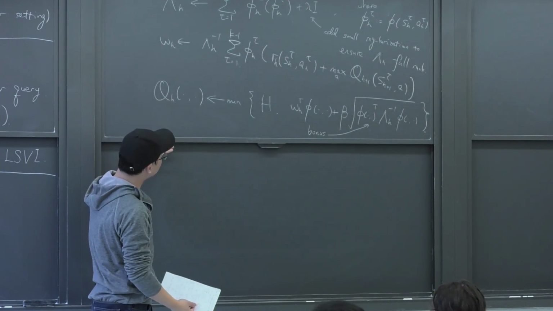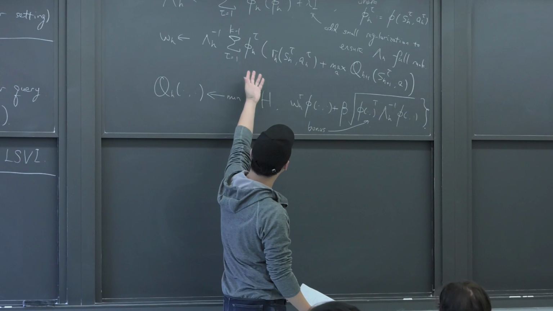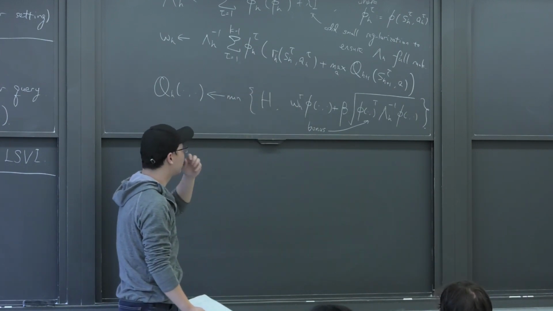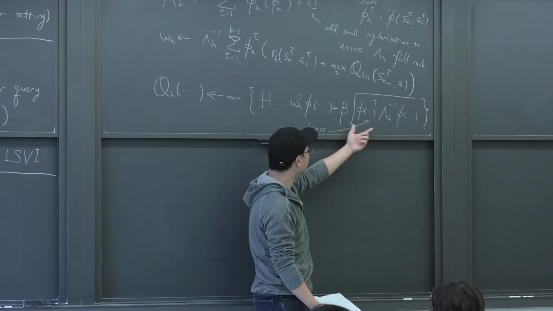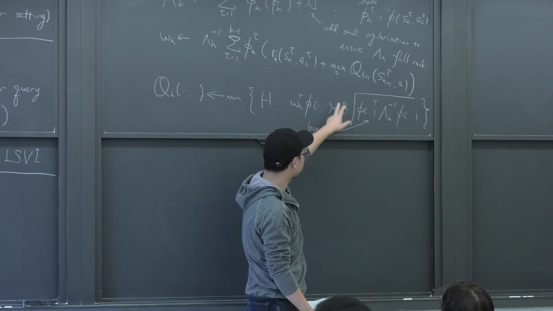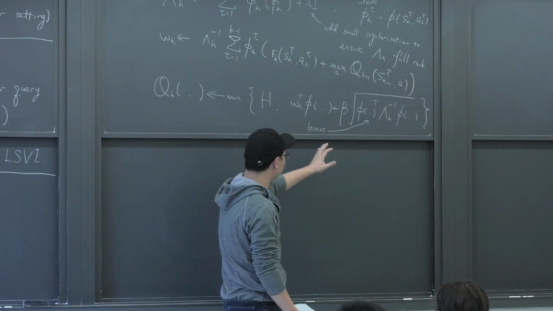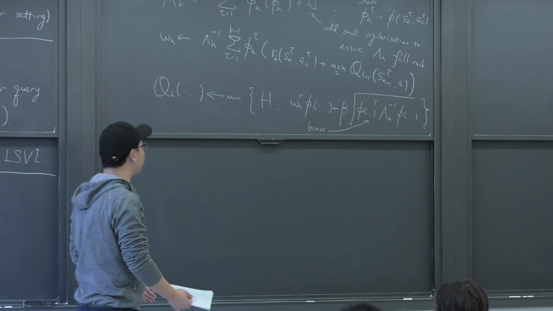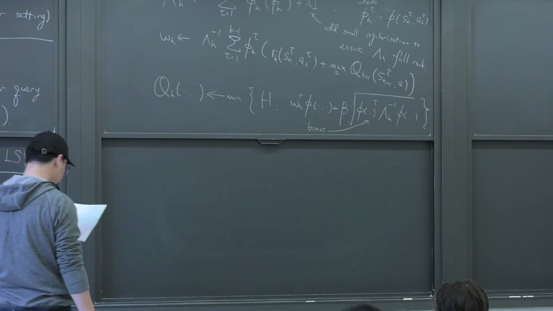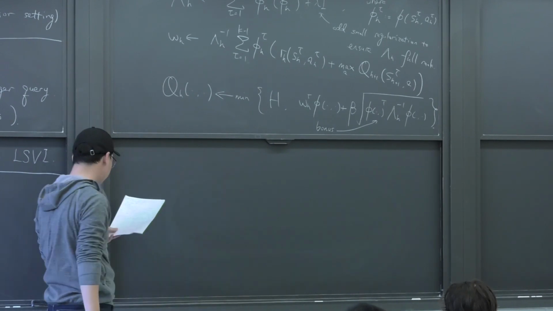So the new Q value is a linear function with a weight vector solved using the least square value iteration formula, plus a quadratic form as a bonus. This is a quadratic form on phi, and the only important thing is we have this Gram matrix lambda inverse. We will talk about why we choose this specific bonus later.